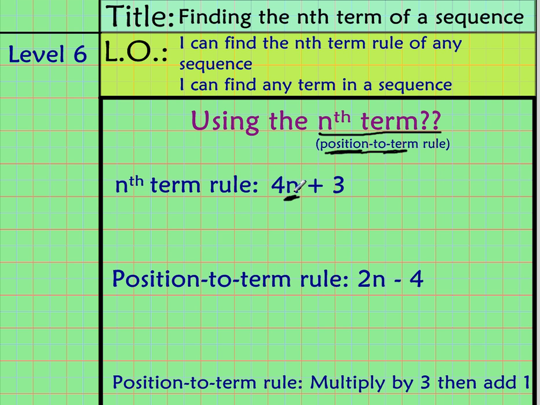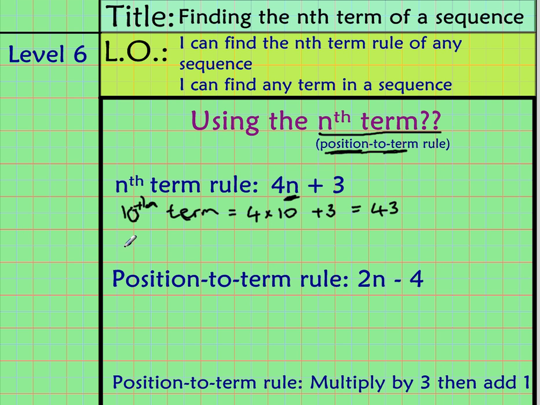So, if I was looking for the 10th term, all I do is substitute in 10 for this n. So it would be 4 times 10 plus 3. What's 4 times 10? It's 40. Add the 3. 43. So the sequence which has got this as its rule would have 43 as its 10th term.